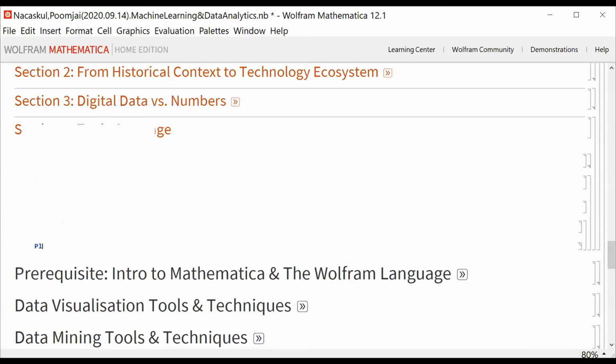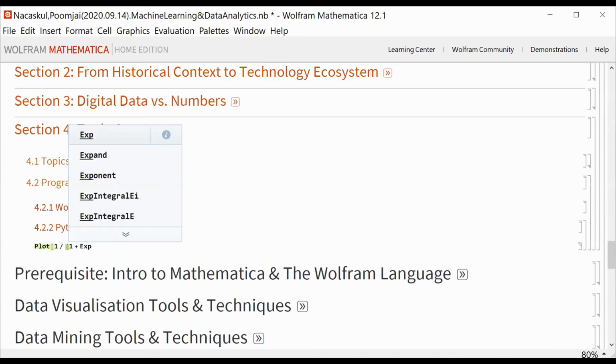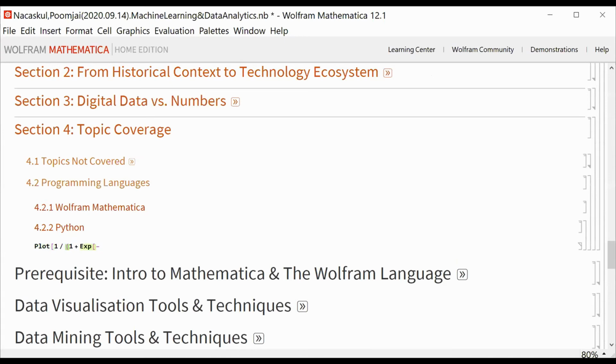Let's say I want to plot 1 divided by 1 plus e exponential, right, to the minus a, from minus 10 to 10.